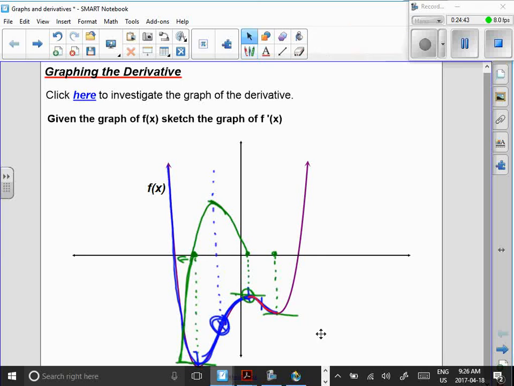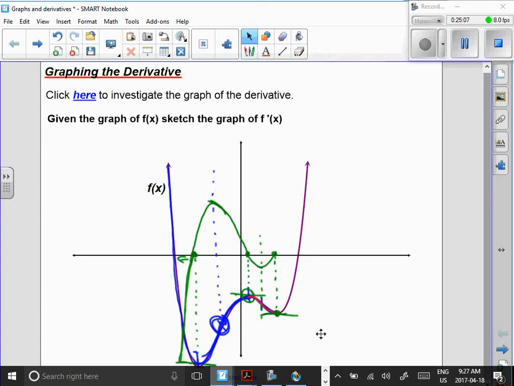So the derivative must have a minimum in line with that point. It gets more negative and then reaches some maximum negativeness and heads back towards 0. So that root again is right in line with where the function has a minimum. The slope of the tangent is 0 there.